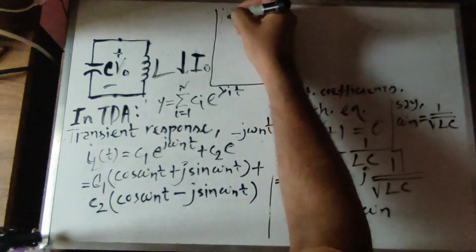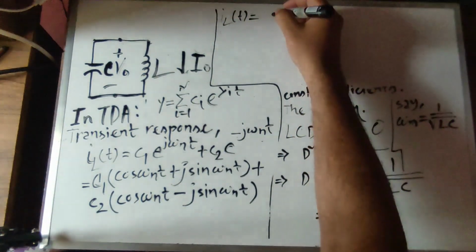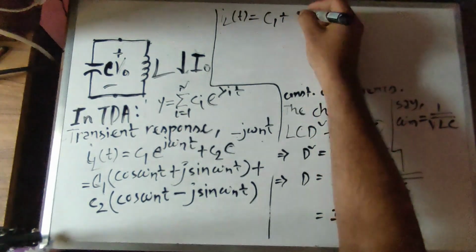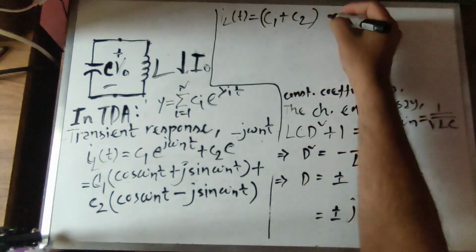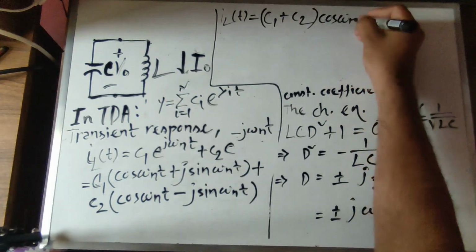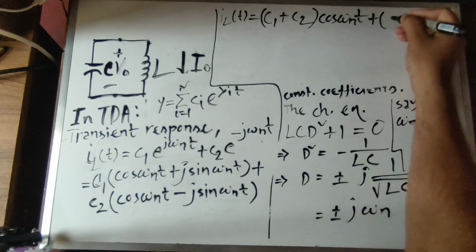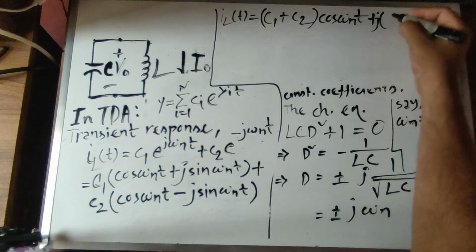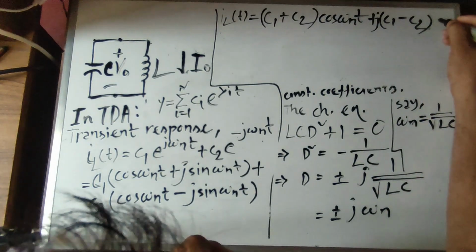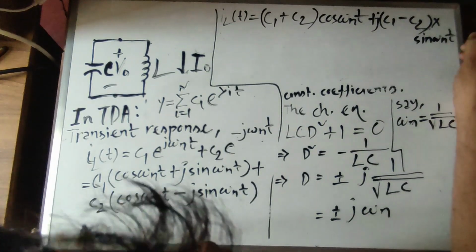Now IL t equals, say, C1 plus C2, we're just rearranging this, okay, cos omega nt, plus j C1 minus C2 sin omega nt.